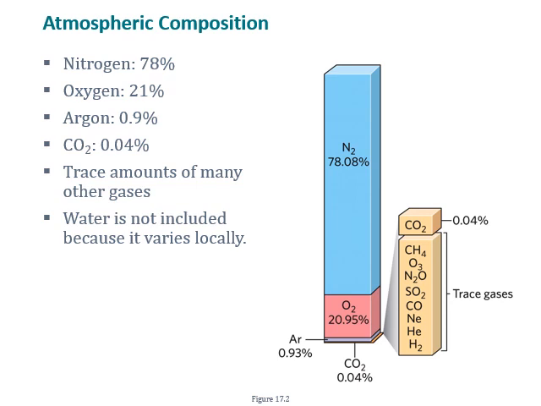So these other trace gases include CH4 or methane, O3, which is ozone, neon and helium, CO, which is carbon monoxide, among others. Water is not included in this percent calculation because it varies locally in different regions on Earth.